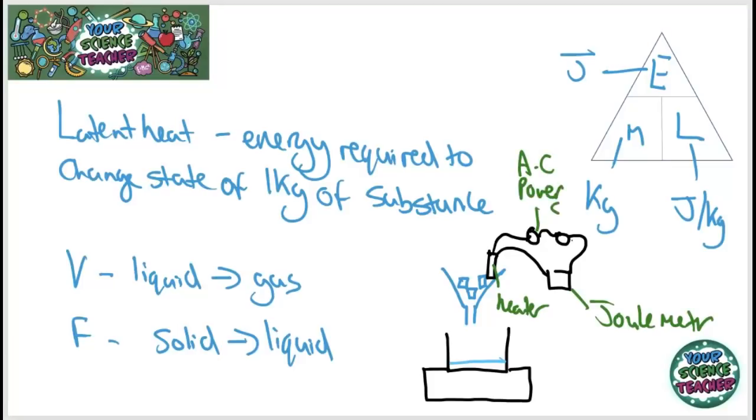And when the heater is switched on, it's going to cause the ice to melt, and the ice is going to melt down here onto a beaker that's on top of a balance. So I can calculate the mass of water that I'm making, which can go into my equation. And I've also got a joule meter here measuring the energy, and if I do the energy divided by the mass, that will give me the latent heat.